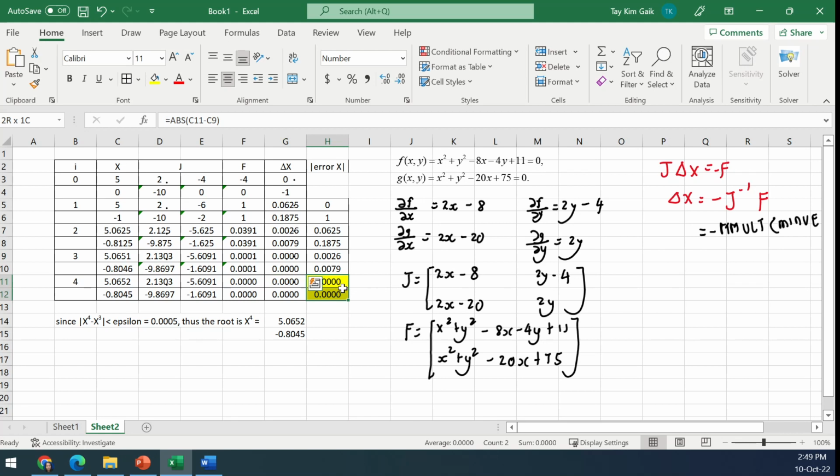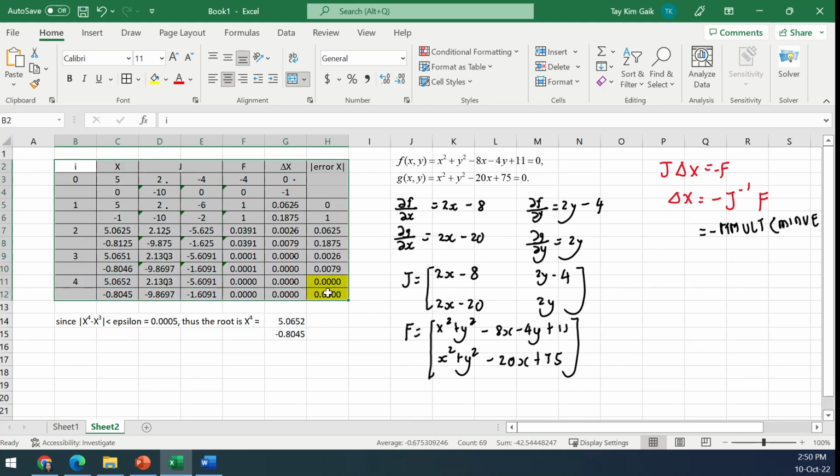If you use this one, x number 4 deduct x number 3 must be less than epsilon, then you stop at x number 4, where the solution is x is 5.0652, y is negative 0.8045. Okay, so this is using Newton's method.